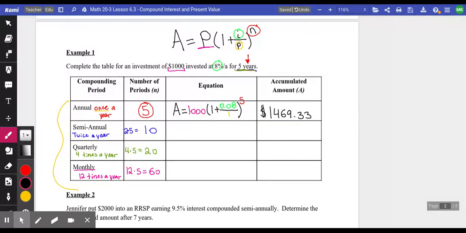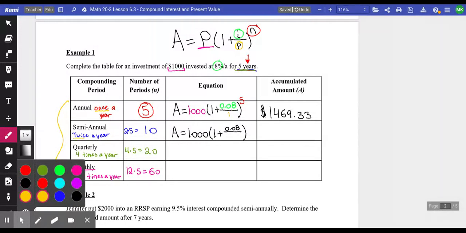Cool. Let's do the other ones. So if you're doing semi-annually, the numbers don't change too much. The 1,000 stays the same. The 1 plus 0.08 stays the same because my starting amount and my interest rate didn't change. What does change is my little p value, which is twice a year. So that would be a 2 down there. And my n value would change because now it's 10, because there's 10 total compounding periods.